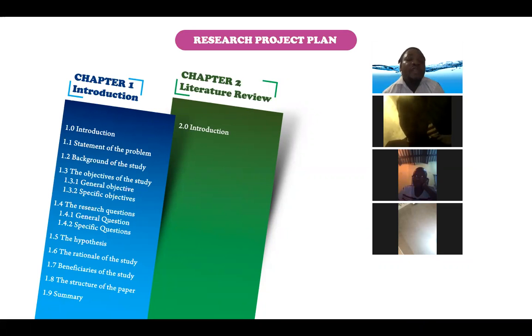So maybe in your introduction, you will say, in this section, the researcher is going to review literature that is relevant to the topic under investigation. So in the literature review, the researcher is going to talk about A, B, C, and D, right? You state the things that the researcher is going to talk about, and you can actually state the order in which they will be presented or the order in which they will be discussed.